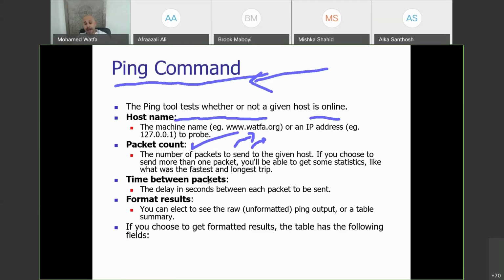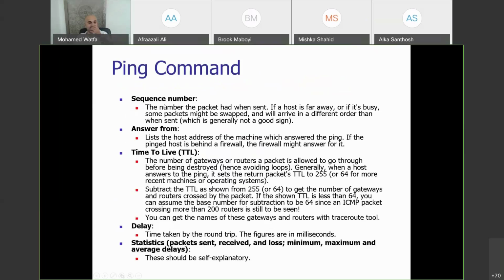The time between the packets, you can also specify that. Meaning I send packet 1, how long should I wait to send packet 2? Typically in milliseconds. How do you want to format the results? What else? We could specify the sequence number, the number of the packet.